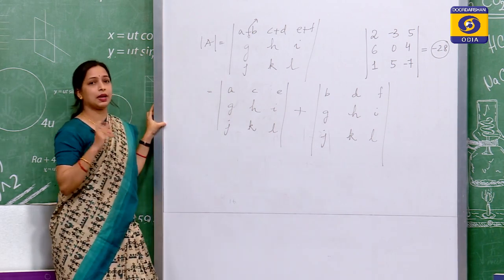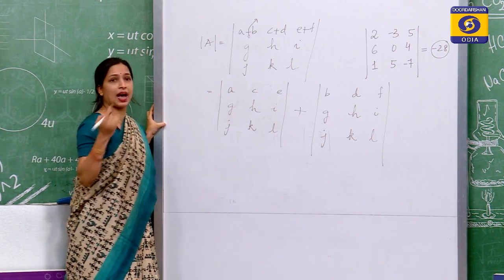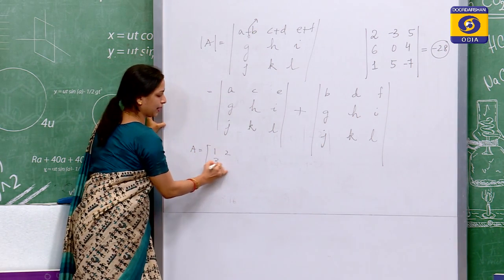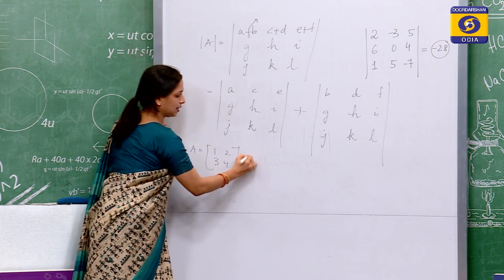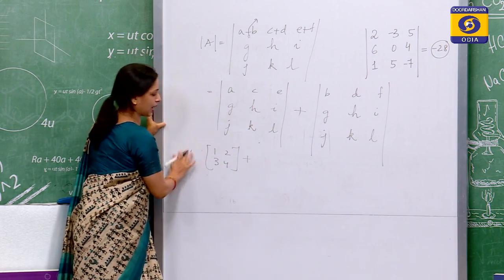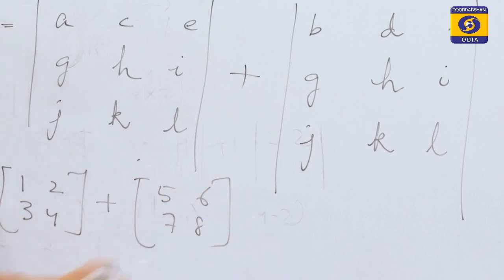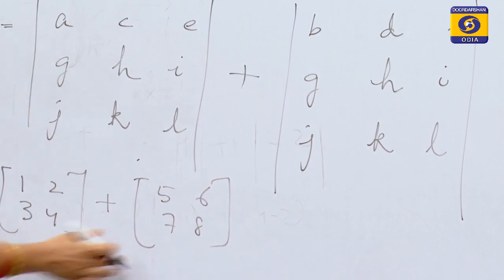Now, remember in matrices how we add or subtract. For example, if this is one matrix and this is another matrix, let us say 5, 6, 7, 8 in matrices. So, how do we add in matrices?